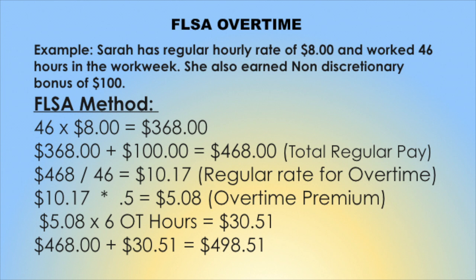Sarah has a regular hourly rate of $8 an hour and worked 46 hours in a work week. She also earned a non-discretionary bonus of $100. So step 1 is to calculate the regular pay. We'll multiply 46 hours by 8, the hourly rate, and we get $368.